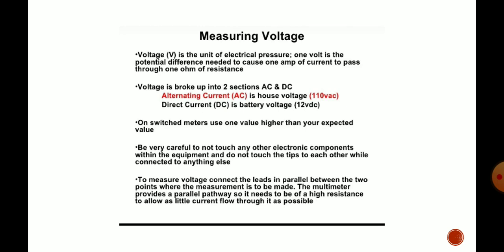To measure voltage, connect the leads in parallel between the 2 points where the measurement is to be made. The multimeter provides a parallel pathway, so it needs to be a high resistance to allow as little current to flow through it as possible.